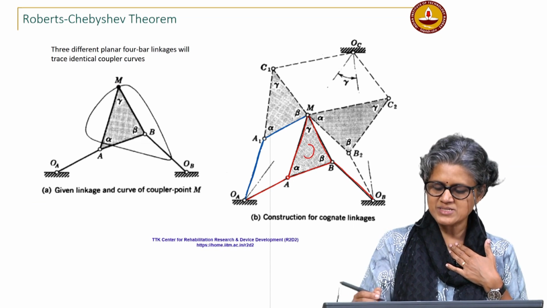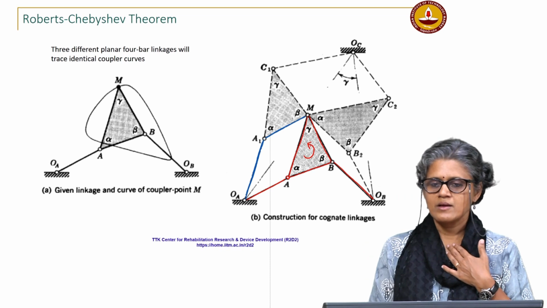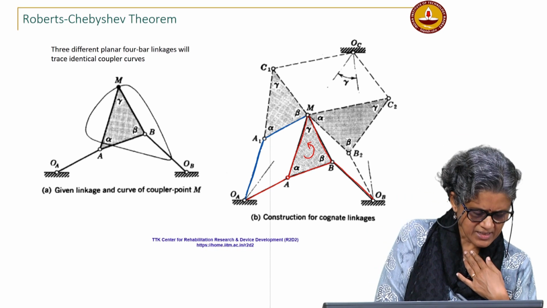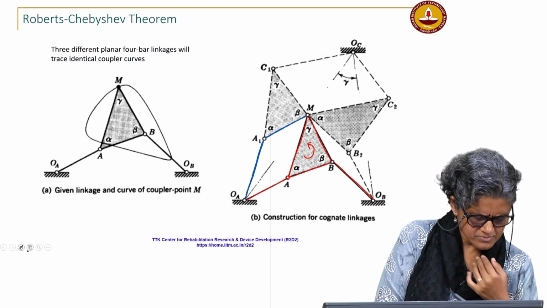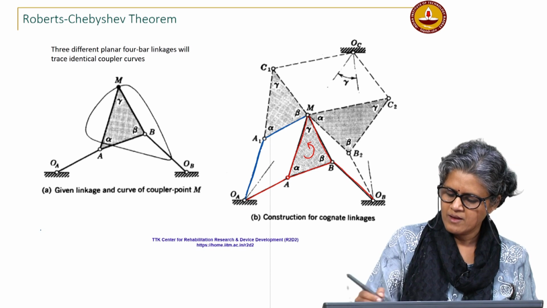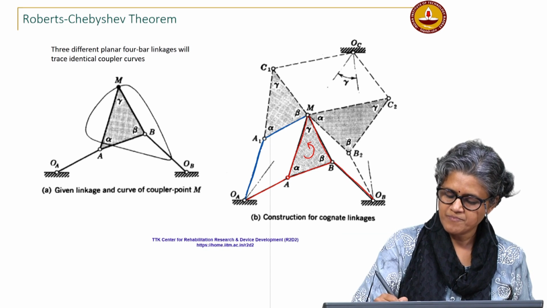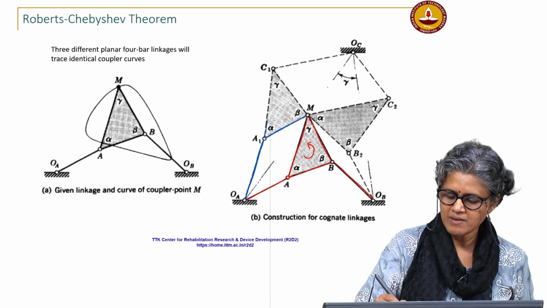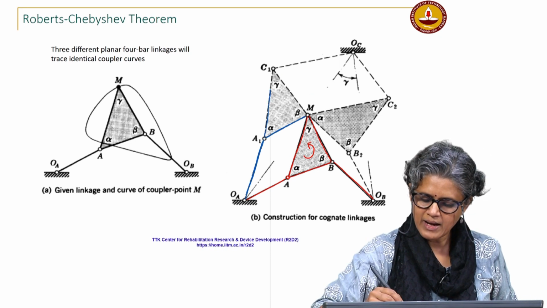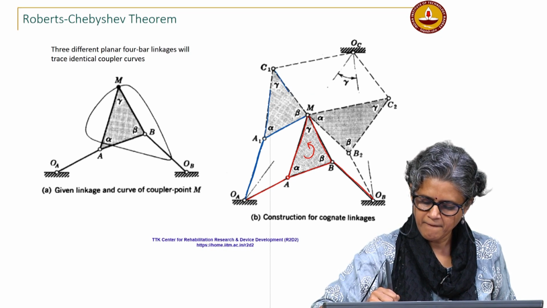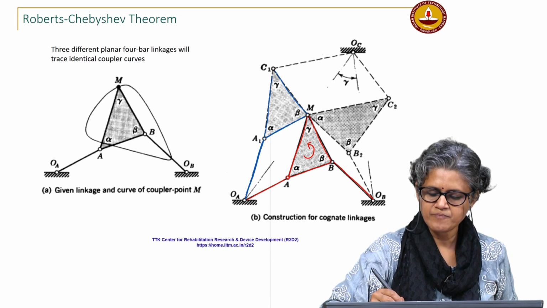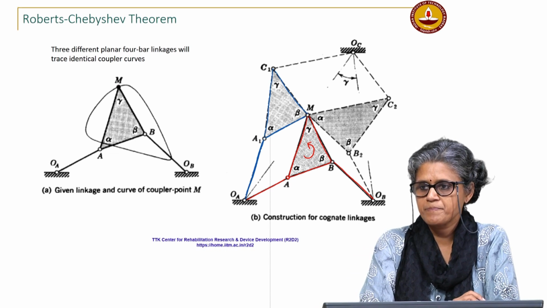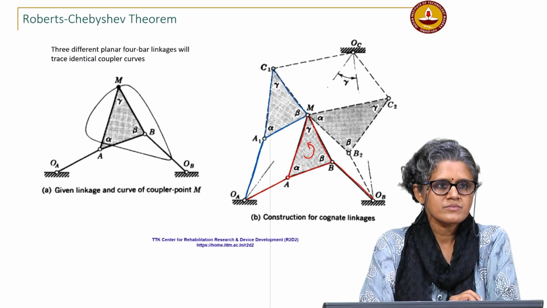So, from here, this is the base I have, I construct an angle alpha and an angle beta, that will give me this point C1.